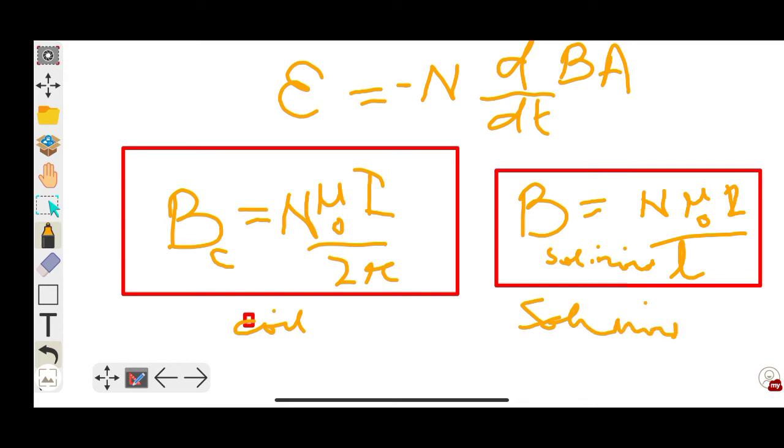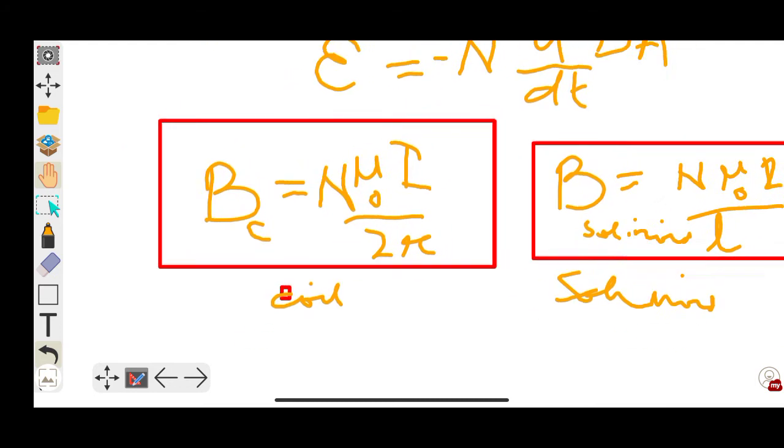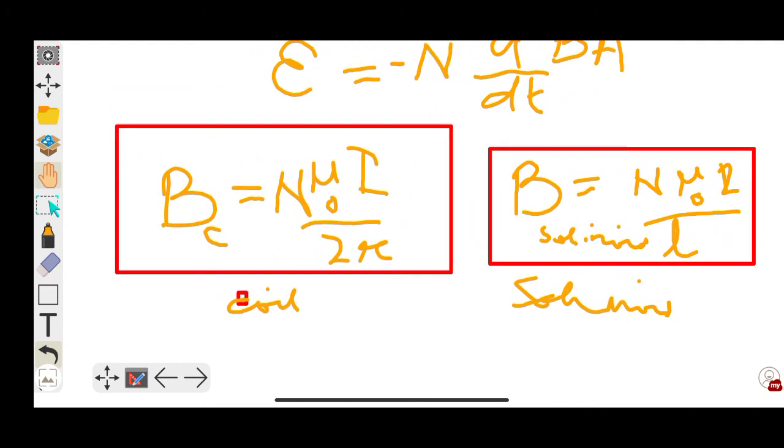Okay, so the EMF induced will be equal to, in this case I have a solenoid, so I'll write this expression. But had it been a coil, I'll show it in the diagram: a coil means something like this, these are the turns kept together, but a solenoid means this.